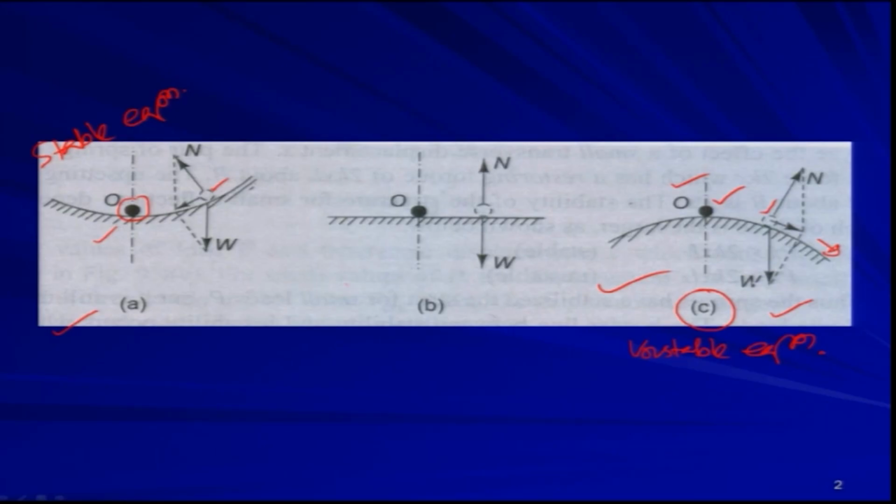Now, if you come back to figure B, what is happening here? Your body was here, you are taking the body here at some new location and you leave it. So, here the body was under equilibrium. When you are taking the body here, that is also providing some equilibrium.